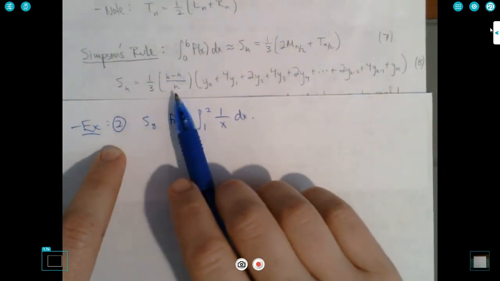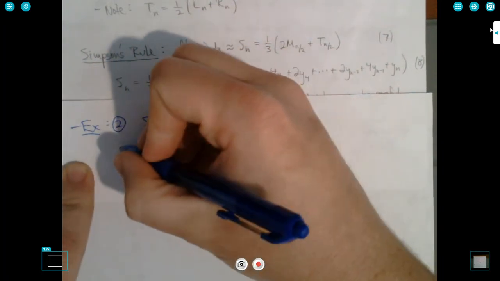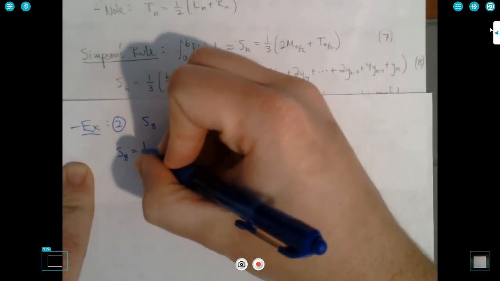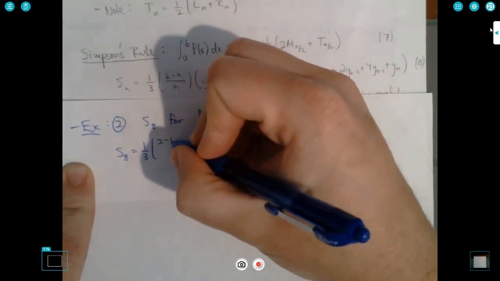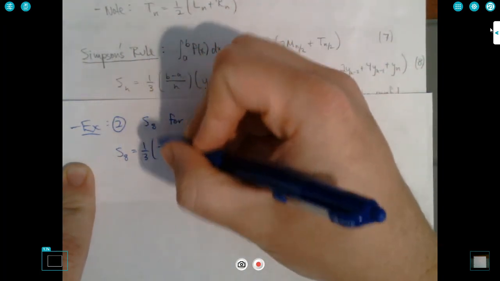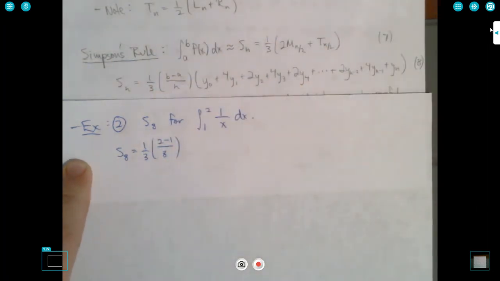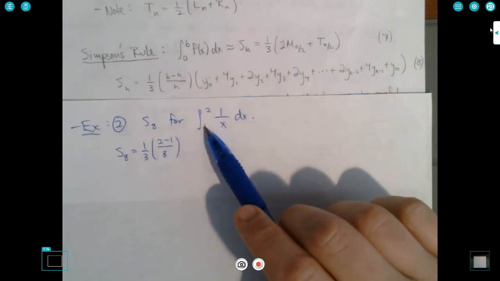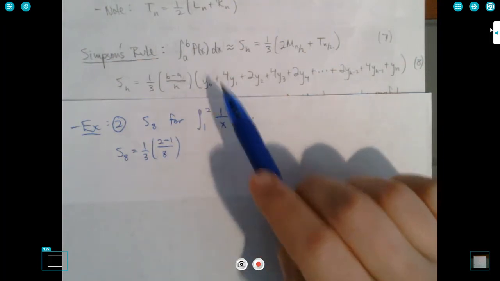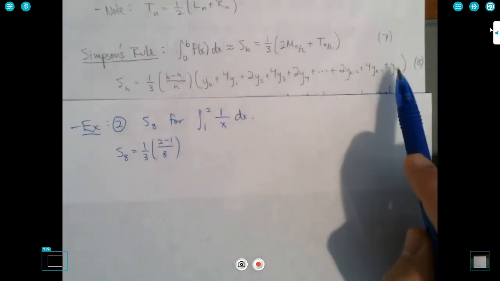So S8 is going to be 1/3 times b minus a over n, which is 8. And then we're going to do starting from 1 and then ending at 2.